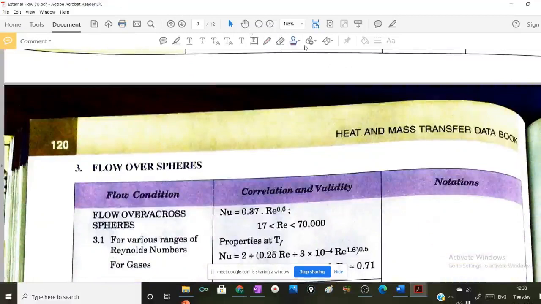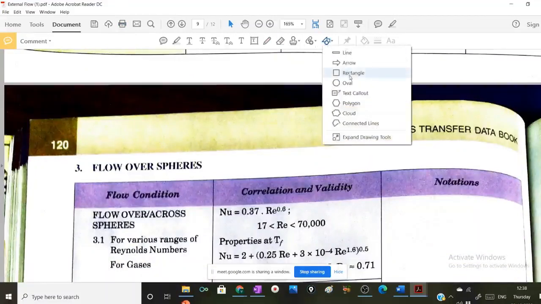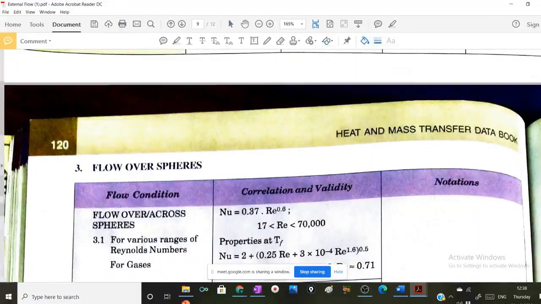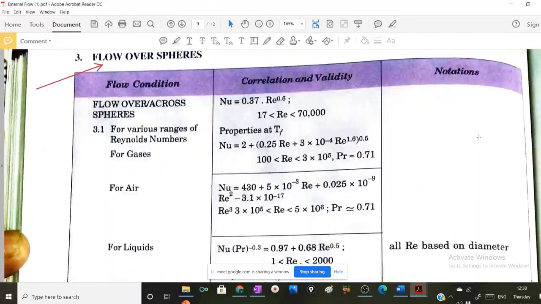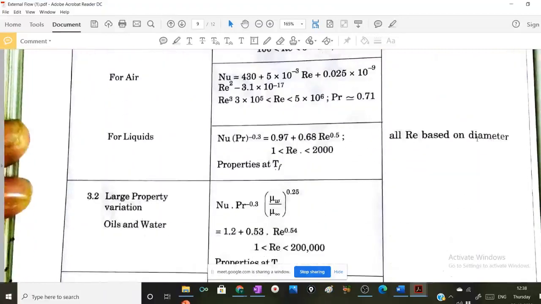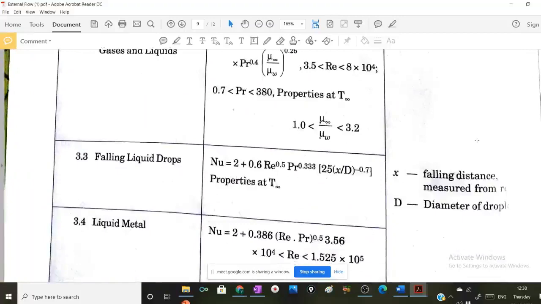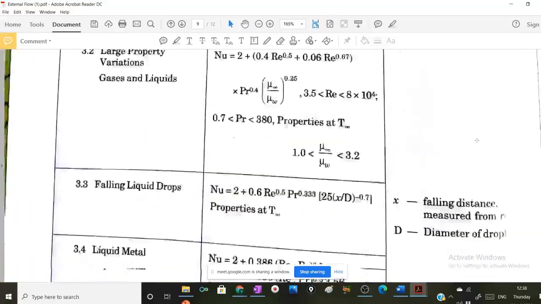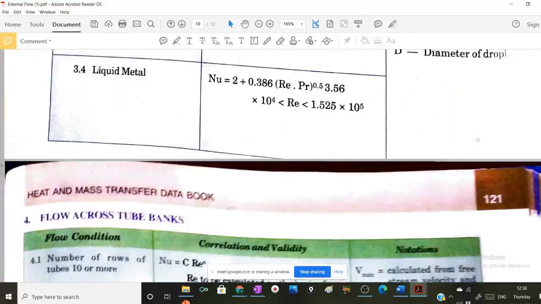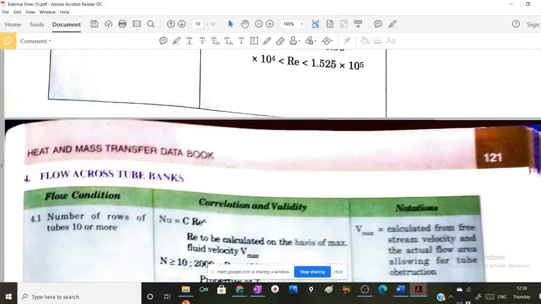Similarly, flow over spheres. In our syllabus, we generally do not deal with flow over spheres, but if any problem is asked, we will discuss it. So this way, starting from page number 112, the list of formulae goes on.